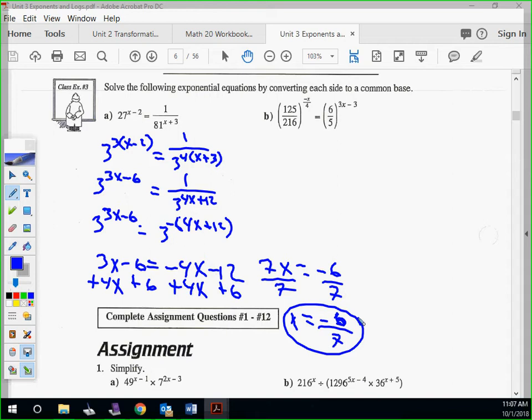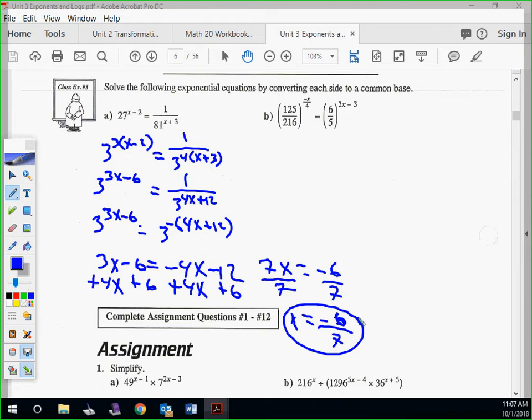Okay, a couple of things that I really want you guys to get good at. A lot of you guys that are great with your mental math are going to see it. If you're not, it might take a little longer. But immediately I see, okay, 6 and 5, 216 and 125, but they're flipped, right? The 5's on bottom, that's a base of 5. The 6 is on top, that's a base of 6. But I also notice that the left one has a negative x over 4 exponent. So I'm going to flip these and get rid of the negative.